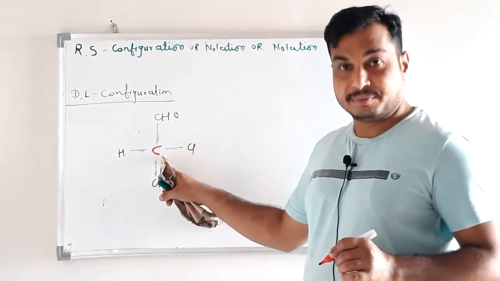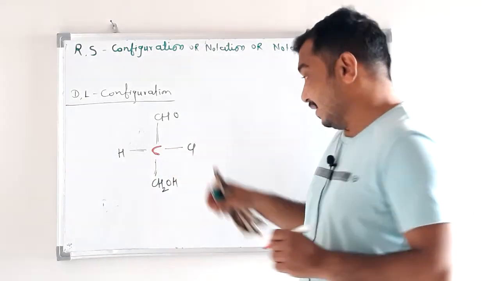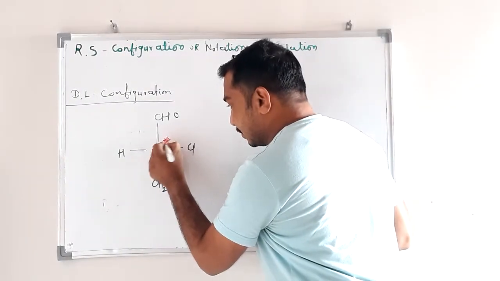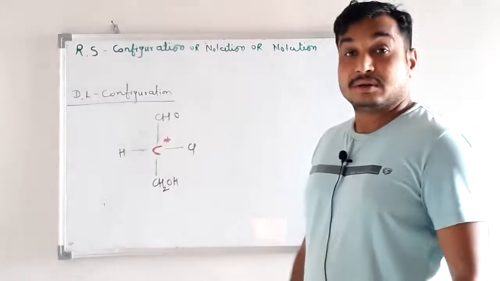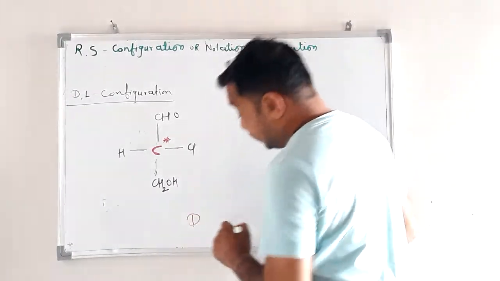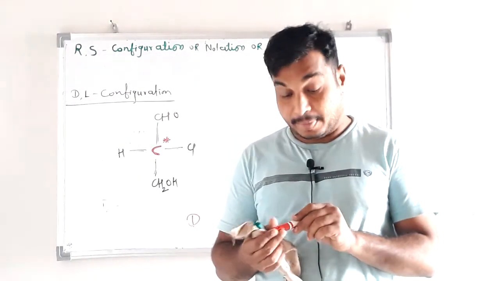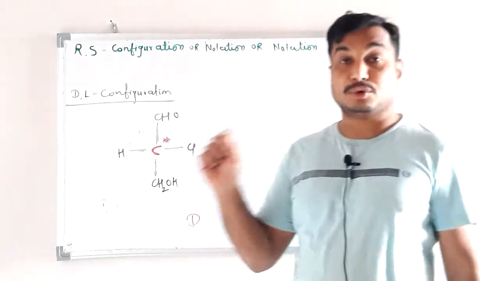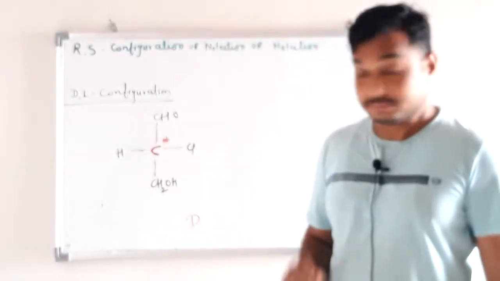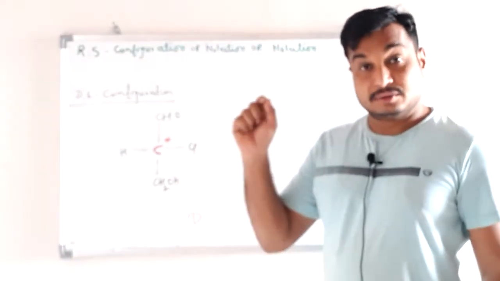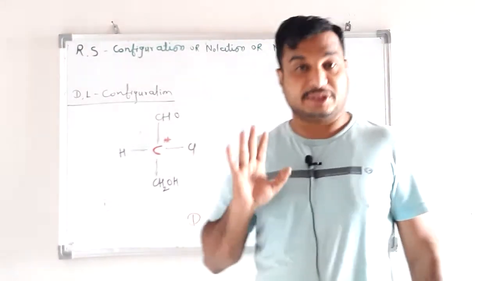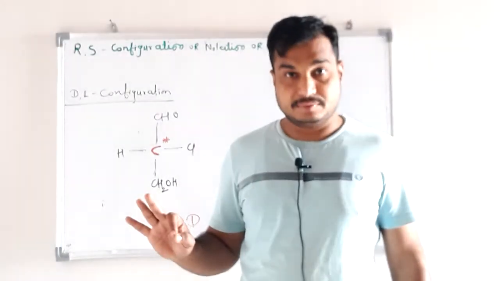So definitely it is an asymmetric, chiral carbon atom. Now, what is the meaning of capital D? Capital D indicates the position of the OH group on the right side. Capital L represents the OH group on the left side. Only the OH group, not other substituents.